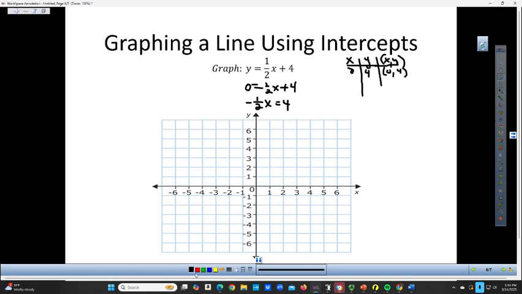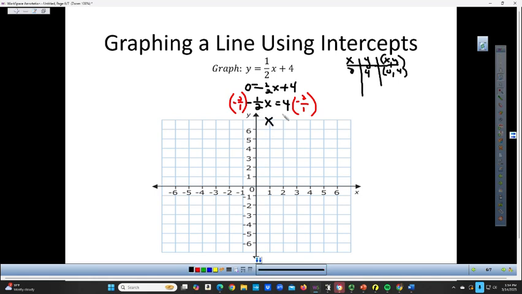Well, you don't have to try to solve this in your head, even though you probably can because these are smaller numbers. But if you just multiply both sides by the reciprocal of the fraction, that just means flip the fraction. If we just flip the fraction, we're solved, because negative 2 over 1 times negative 1 over 2 is just going to be 1. So our x is by itself.